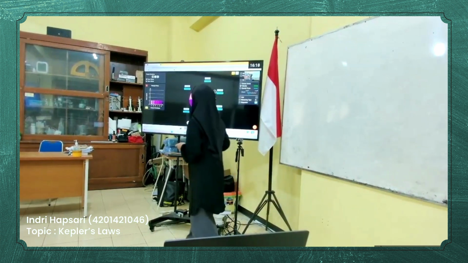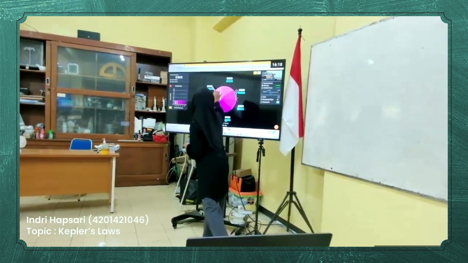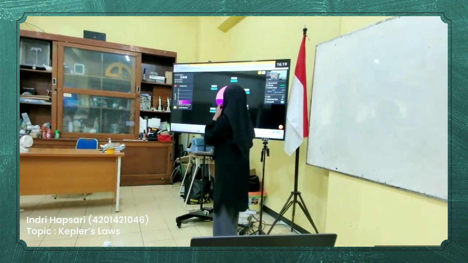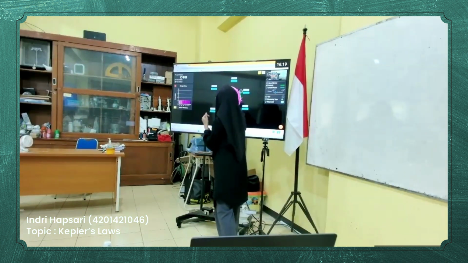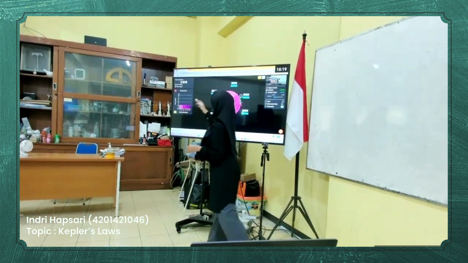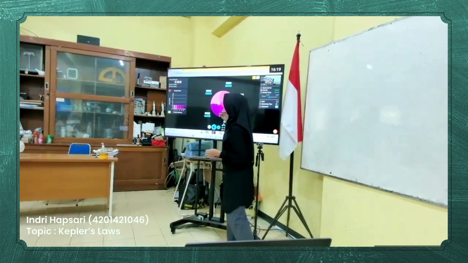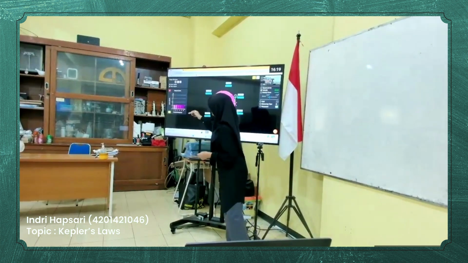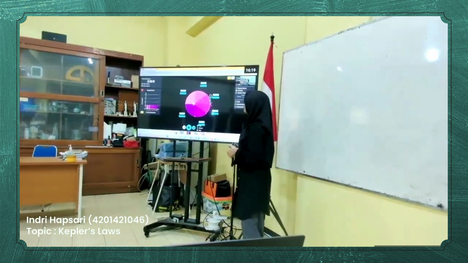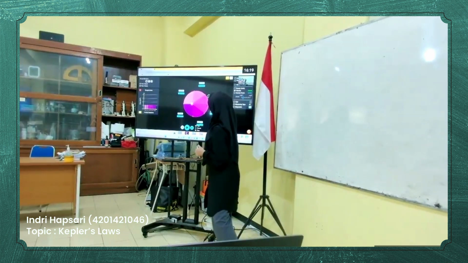And then there are the area values, this one, and these are the time values that show the area swept out by the planet and the time taken. You can also see there is a graph comparing the area and period divisions. Okay, let's observe the area values and time values.